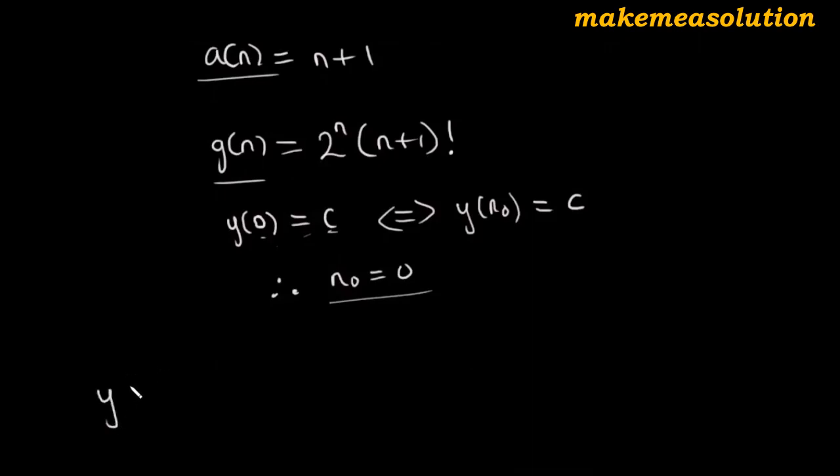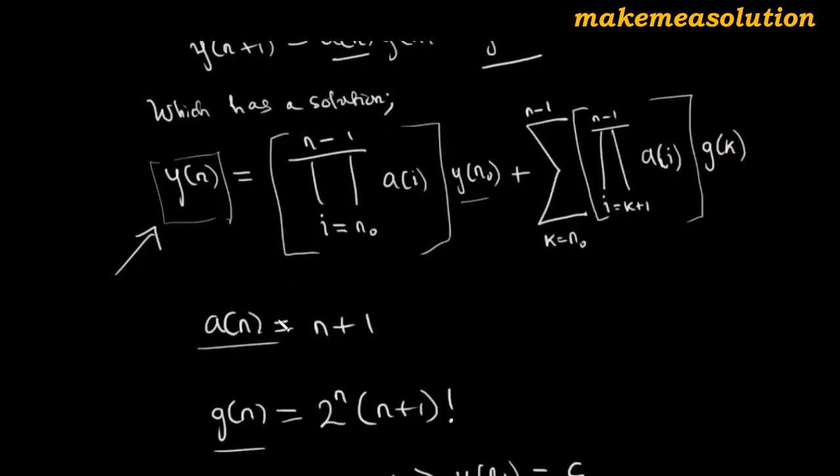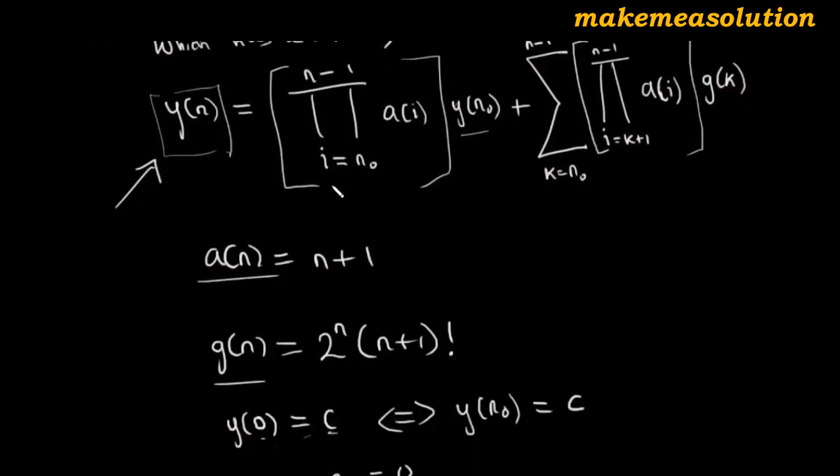So your y of n is going to be equal to, when you come to this first place, the product operator from I equal to n naught to n minus 1 of a of I. Where do I get a of I from? It's very simple. You get it from the expression of a of n. You just need to replace n with I, and instead of n you have I plus 1.